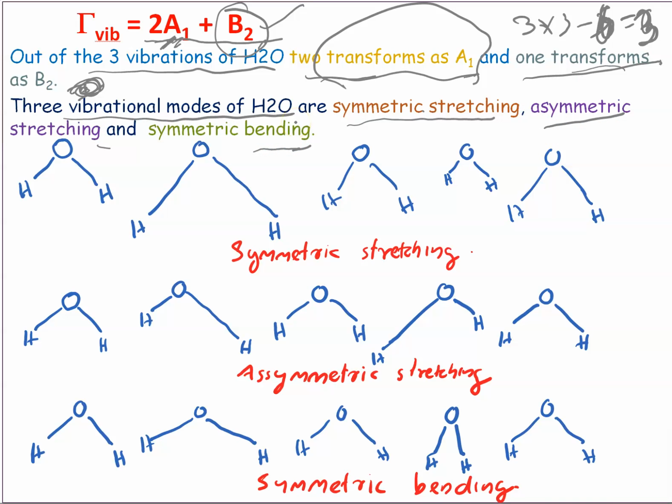You might have studied this in the UG classes. In the water molecule there are 3 modes of vibration. This one is symmetric stretching. This is the equilibrium position, and both the bonds elongate by the same length. Then again the equilibrium position, and both the bonds contract by the same distance.